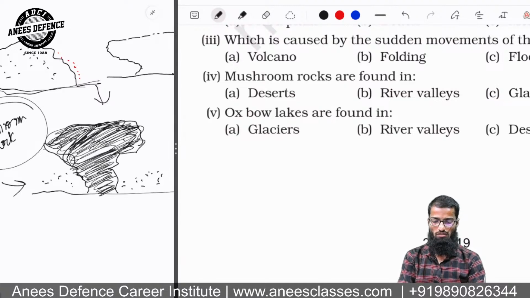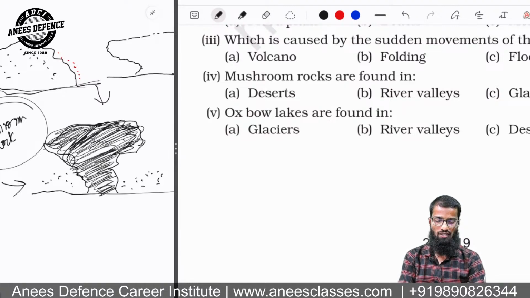Okay, so the fifth question is that oxbow lake-like structures are found in river valleys, due to the deposition of sediments when the kinetic energy or speed of the water decreases in the middle course of the river.